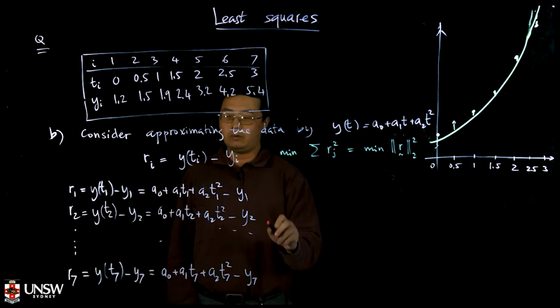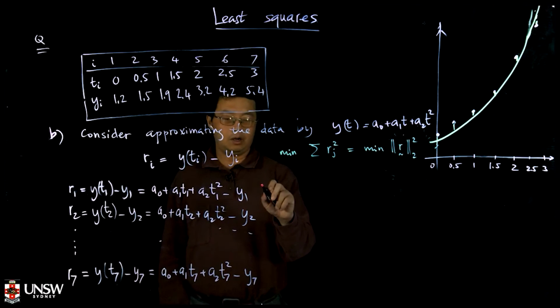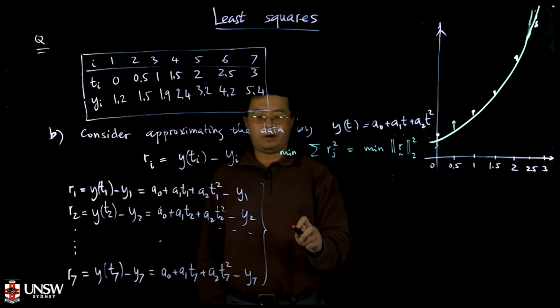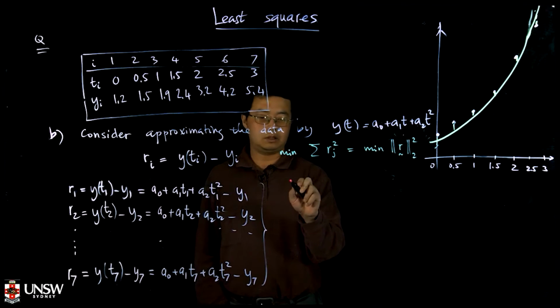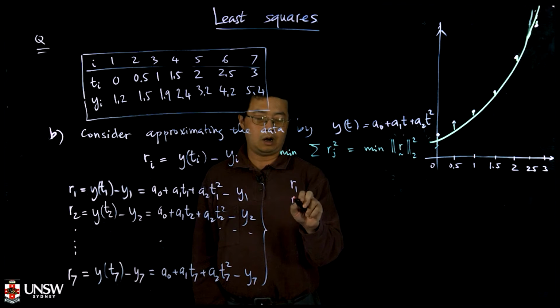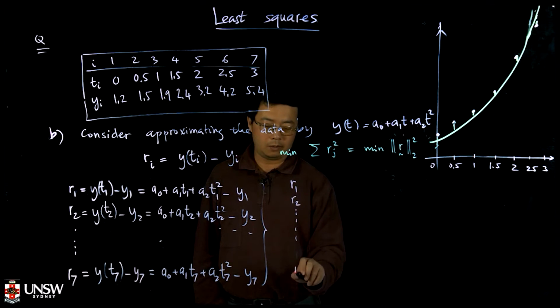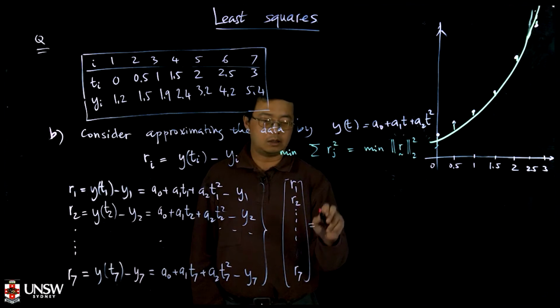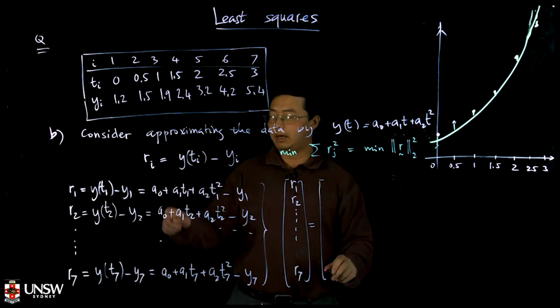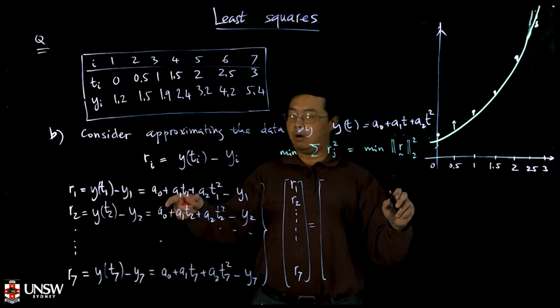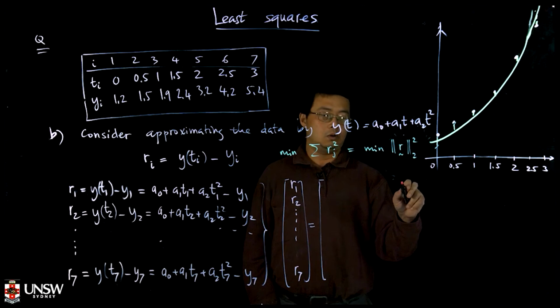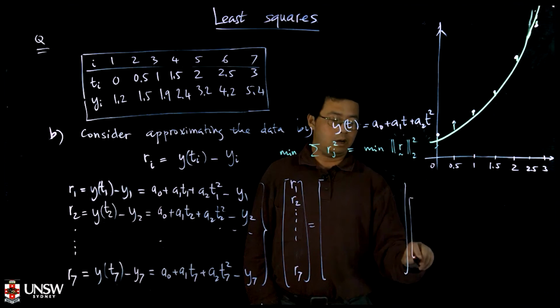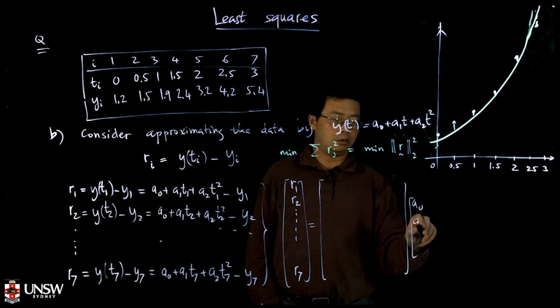So now we can write this in terms of a vector. The residual vector is R1, R2, up to R7. And now we write it in terms of a matrix. You can see that there are unknown coefficients a0, a1, and a2.